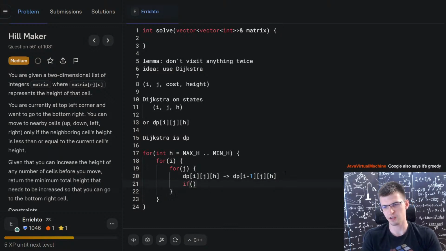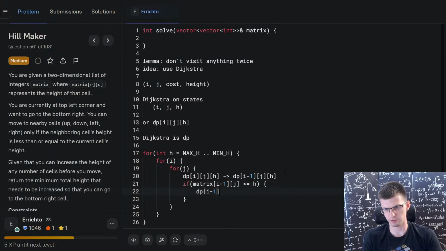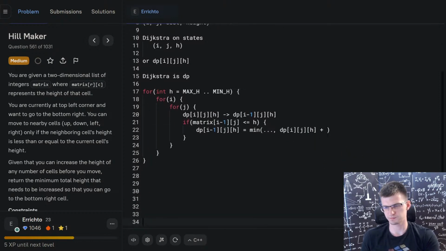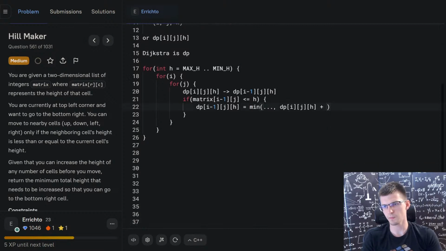Like this refers to if the initial height, that's matrix of i minus 1, j, is not higher than h, then dp of i minus 1, j, h is minimum of itself, comma, that's my dp state, plus what? I raise to this height.